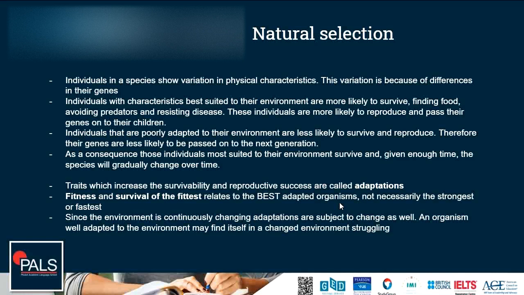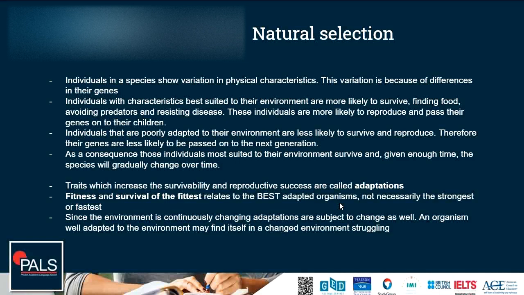So an organism that is well adapted at one point might, because of a drastic change in the environment, a couple of generations later have a trait that was an adaptation that is no longer an adaptation, and another trait that was before not very successful now becomes a new adaptation in the population.